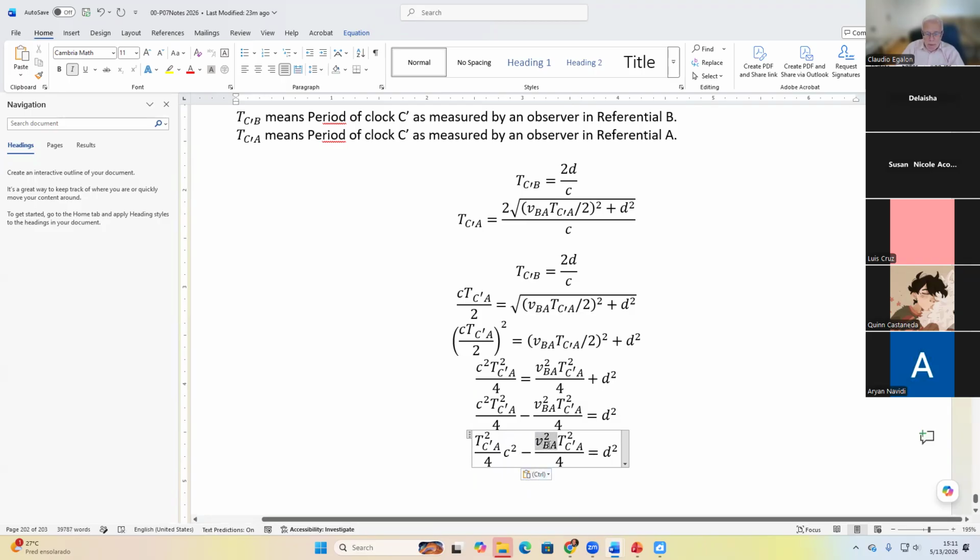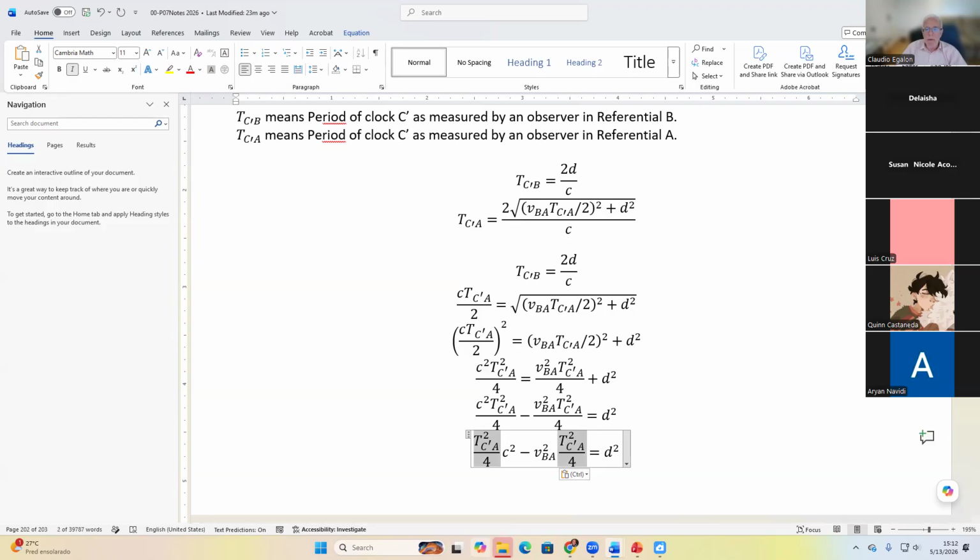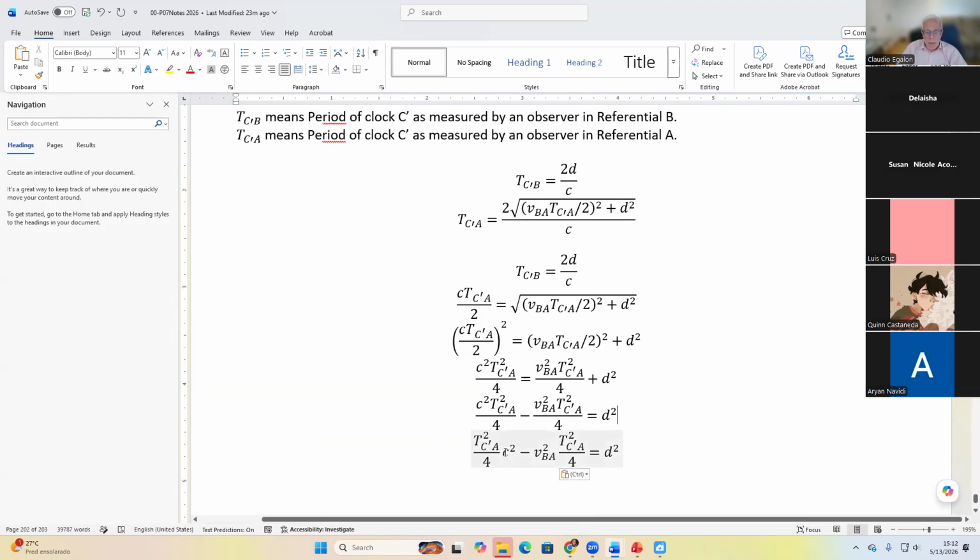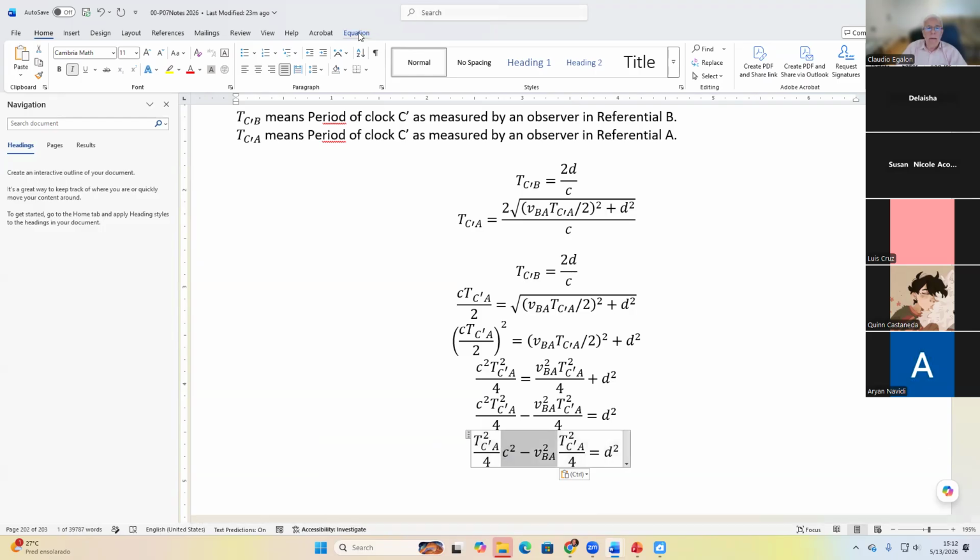I'm going to put the v right in here. This term here is going to be in evidence, right? So the way we do it is like that.